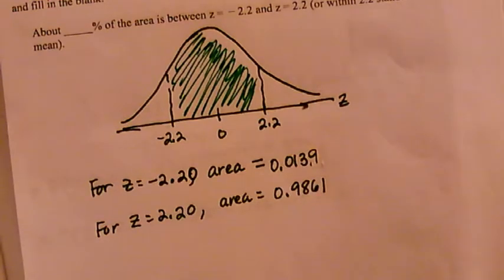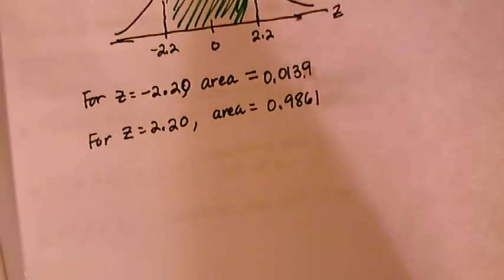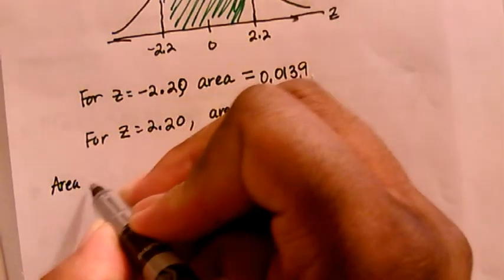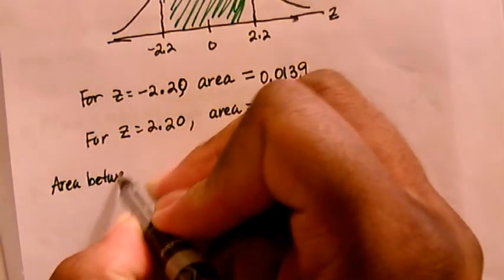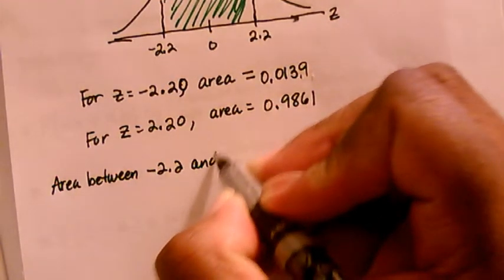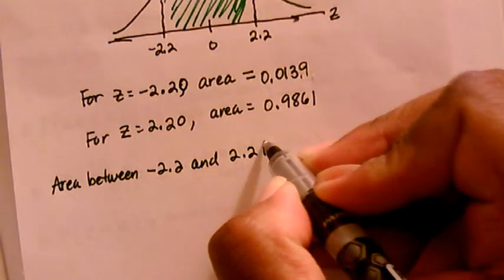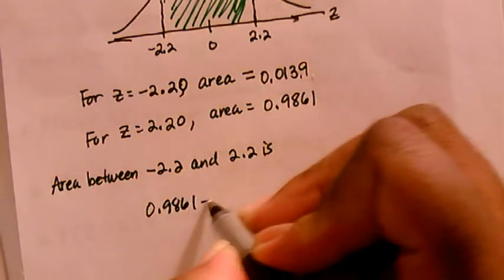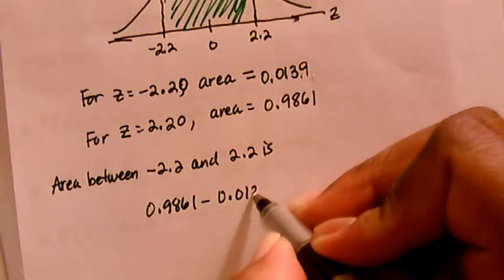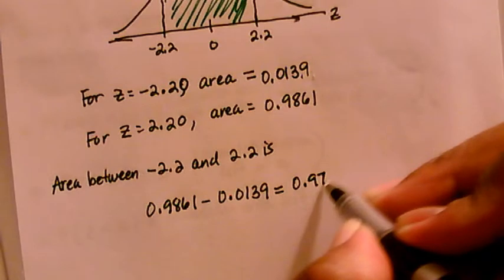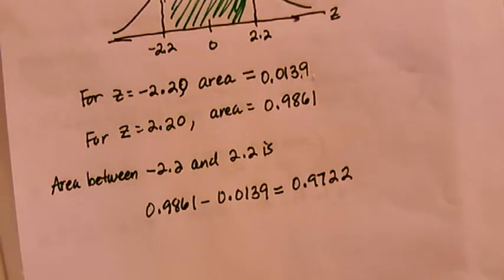Now we want to subtract those two. So, in this case, the area between negative 2.2 and 2.2 is this, 0.9861 minus 0.0139. Subtract those two, you're going to get 0.9722.